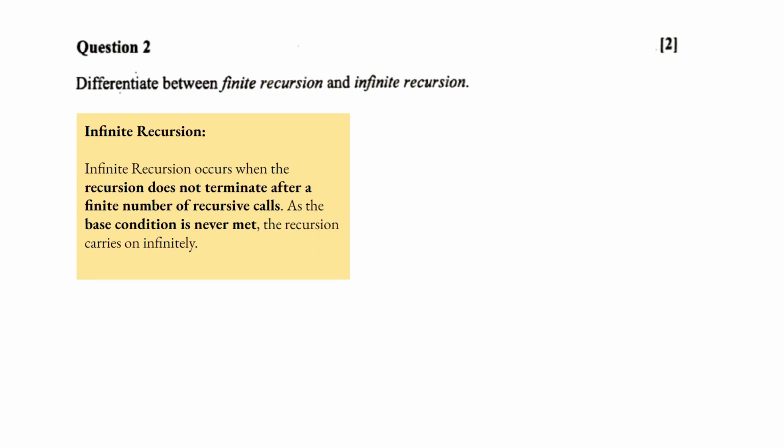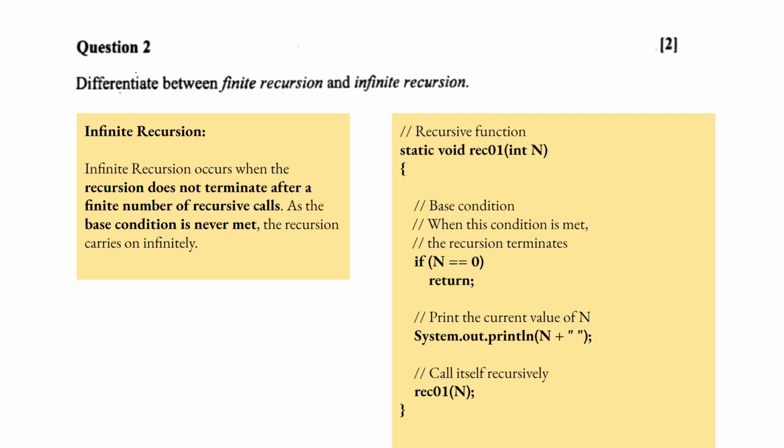Look at the same example. The code is same except that we have made one small change in the statement. Look at the statement where we are calling rec01, where the recursion is happening. Instead of decreasing the value of n by 1, which we did in the previous example, we simply wrote n. So the value of n is not changing anywhere.